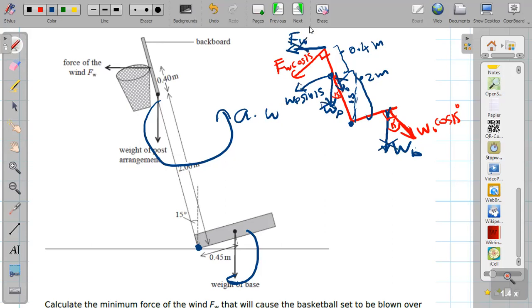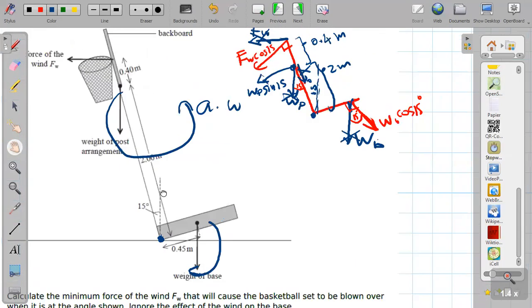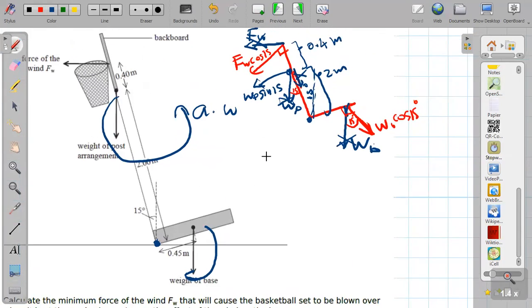No need, because I got the relevant components. Once I get the components, it may look like this. I can also now use this one as a firm one like this, because I resolved.